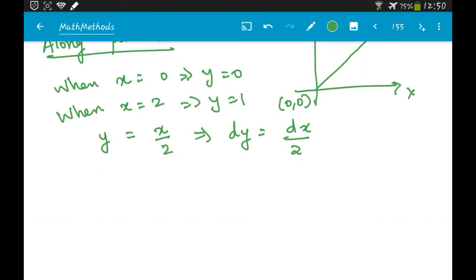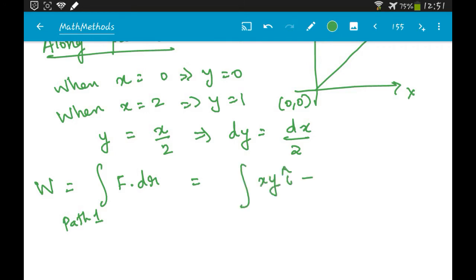Now what is W? W equals the integral of F dot dr along path 1. What is F dot dr? It is xy i minus y square j dot dx i plus dy j.